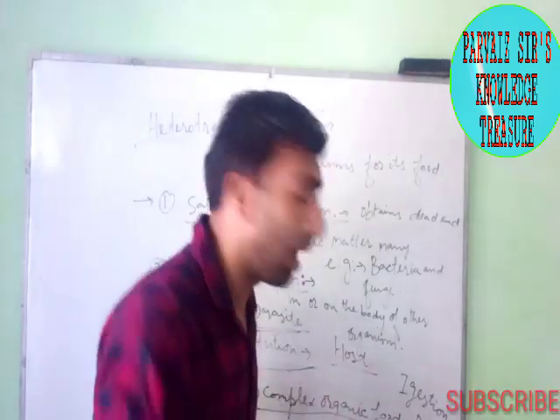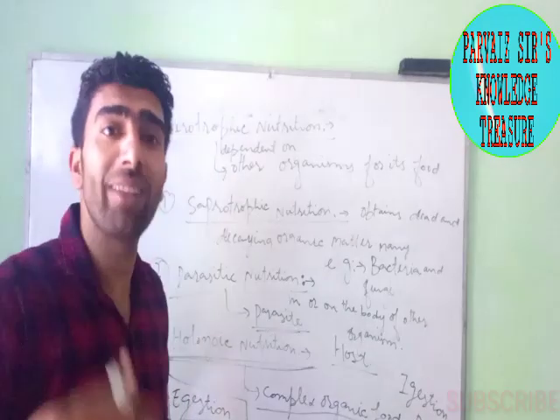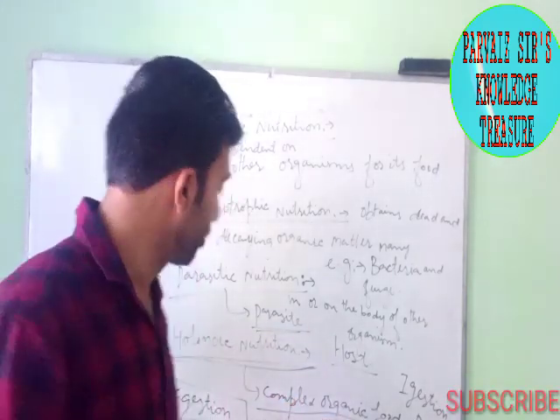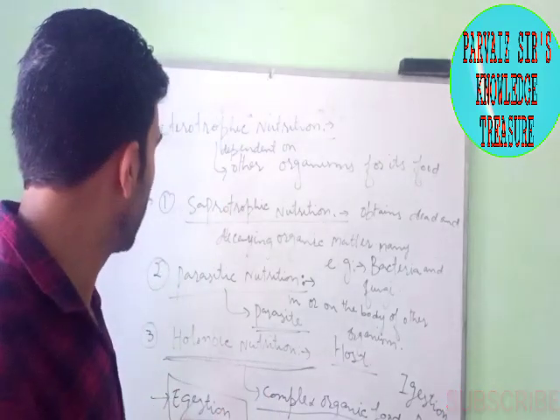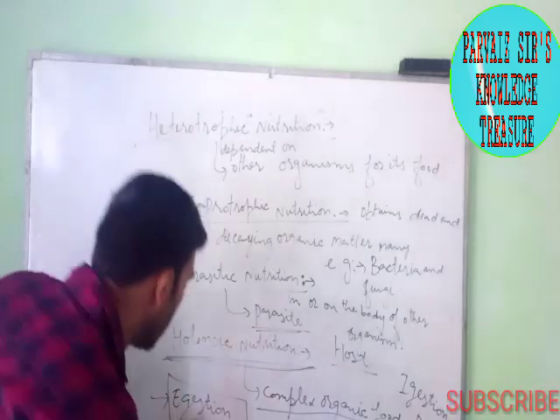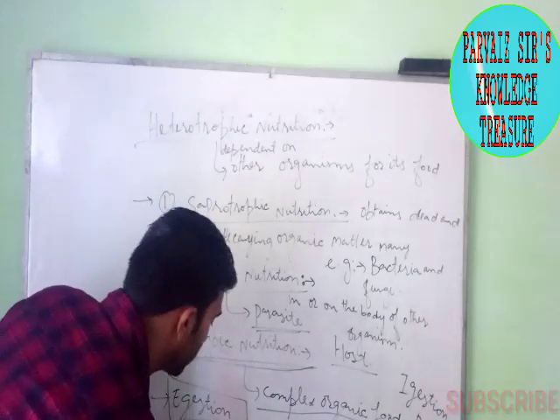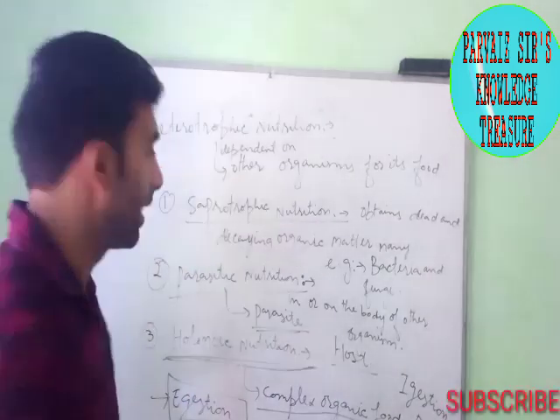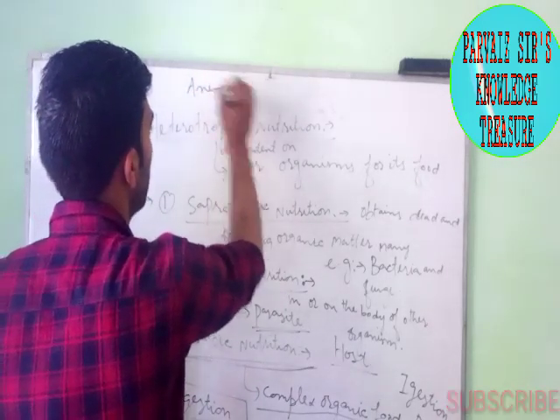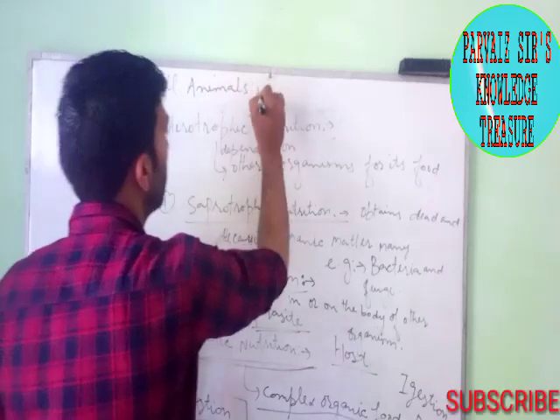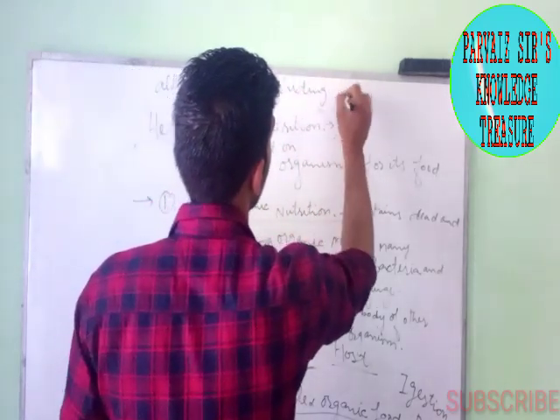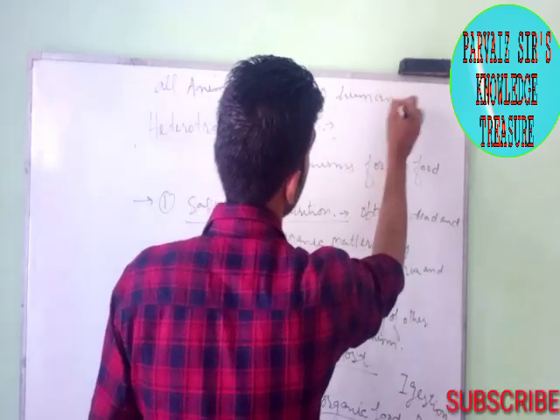Then this food is absorbed and assimilated, and the undigested food is thrown out of the body by the process of egestion. Examples of this type of nutrition are shown by all animals, including human beings.